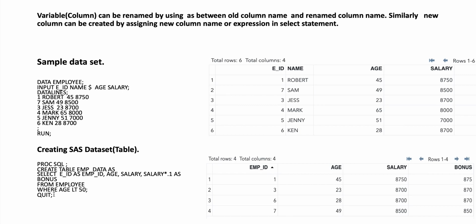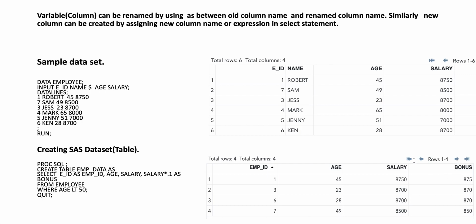When we run the second set of code, we get the result as shown on the right side, the second table, where it has 4 variables: emp_id, that is the renamed variable, renamed from e_id. Age and salary are existing variables, and another newly created variable is bonus, which is 10% of salary.